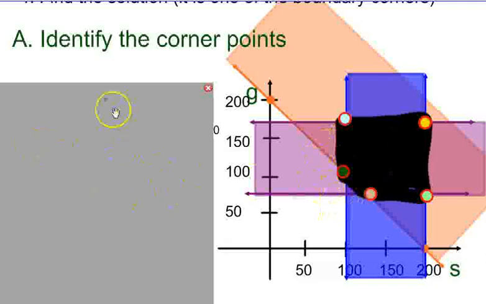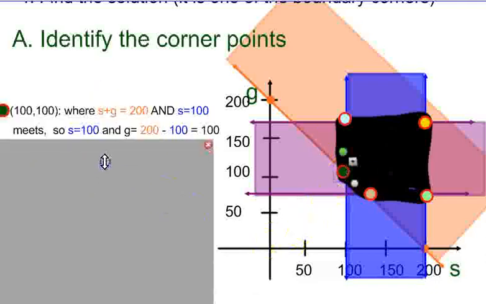So what are the coordinates of each point? Let's start with this point right here. In this point, the orange line meets with the blue line. And so S plus G is equal to 200, and this is S is equal to 100. So that must mean that at this point, S has to be 100. And if S is 100, then to get G, we replace S with 100 in this equation and get 100 there.